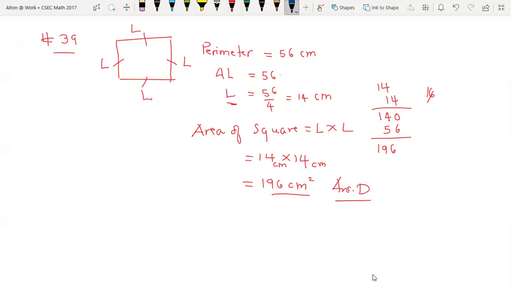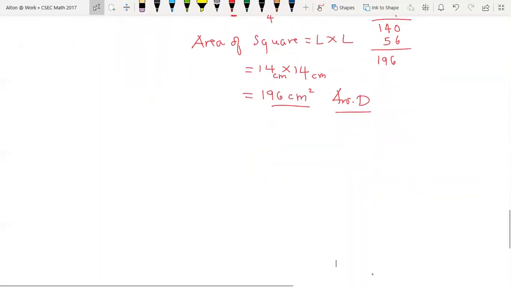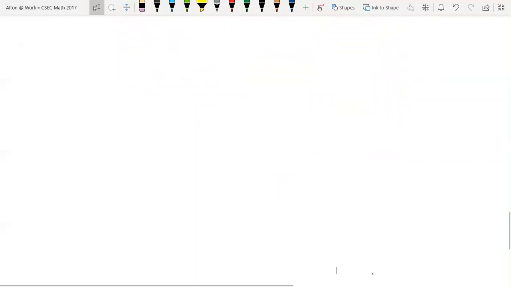All right, so let's change color as we move on to question number 40. 40 is talking about the volume of a cylinder. They give us the radius and the height. So let's see if we can get that drawn here. That's your cylinder, looking all nice like mine.